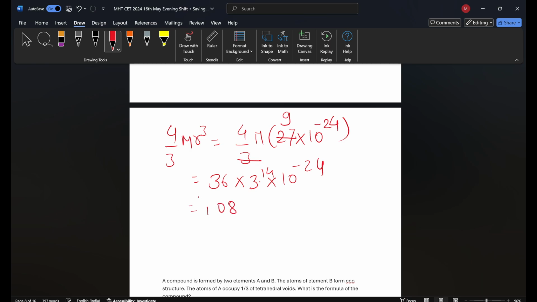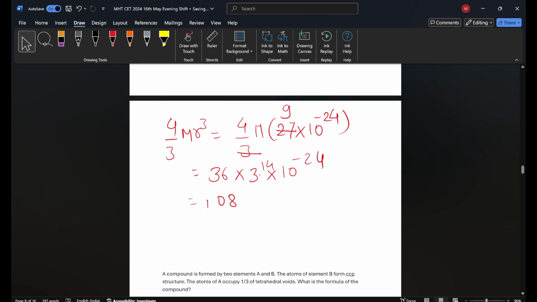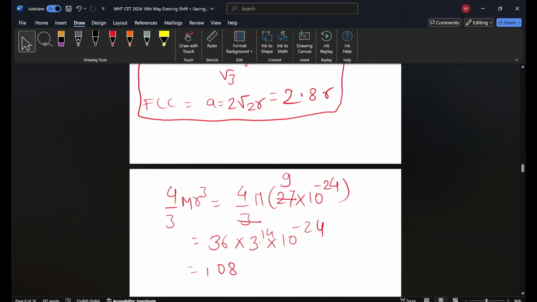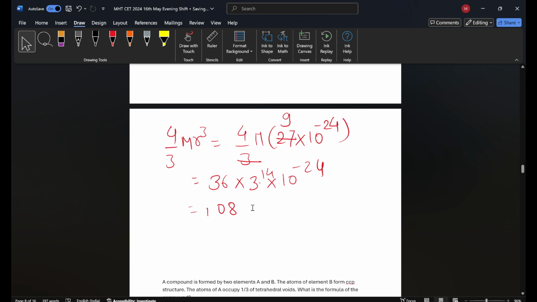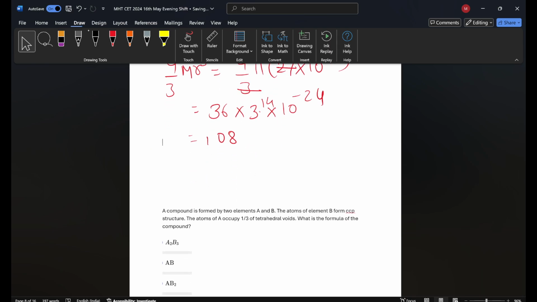So any option that is close to 108 would be the answer. In CET, there is not a very big difference in the two options. The four options are significantly placed so that there is no confusion between them.